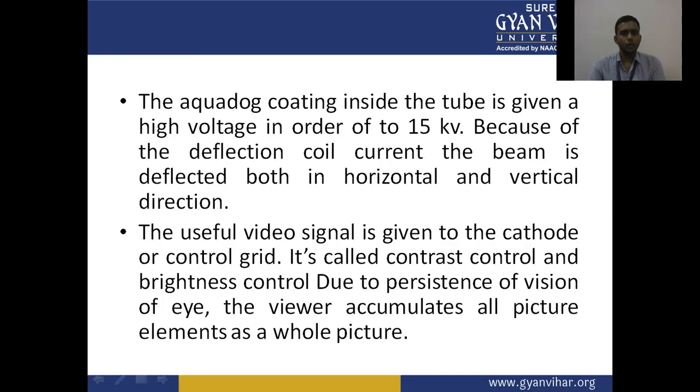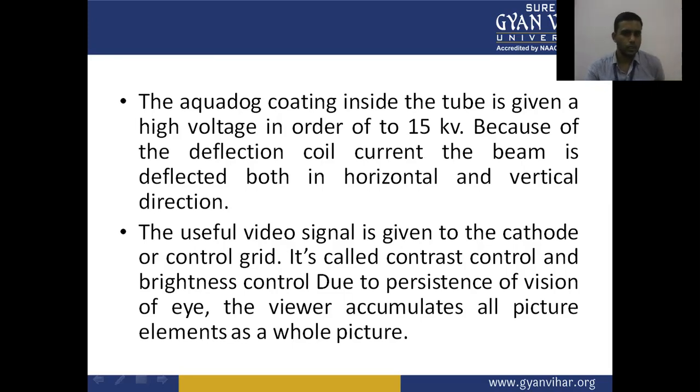The aquadag coating inside the tube is given a high voltage of the order of 15 kilovolts. Because of the deflection coil current, the beam is deflected in both the horizontal and vertical directions. The useful video signal is given to the cathode or control grid. These are called contrast control and brightness control.